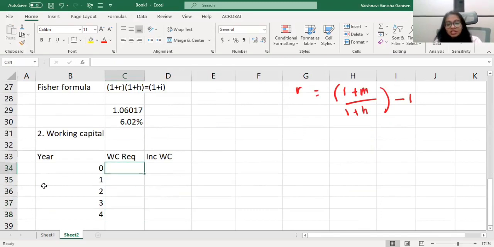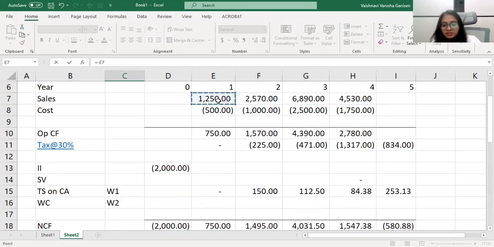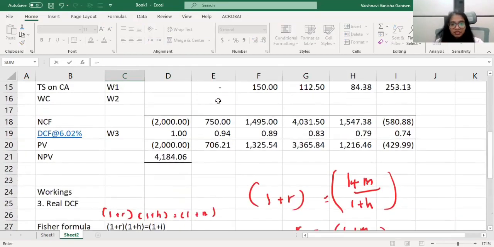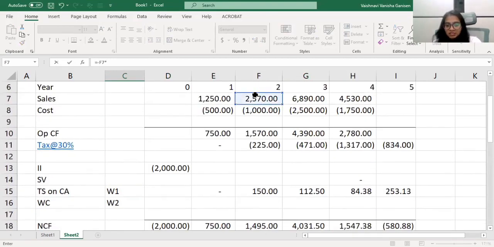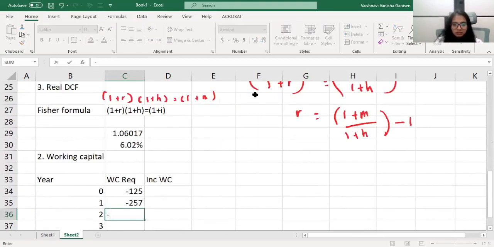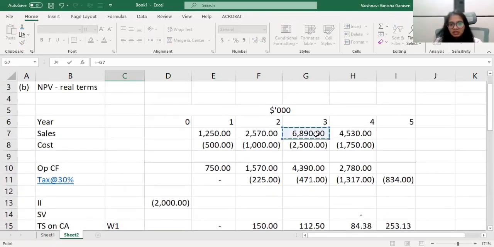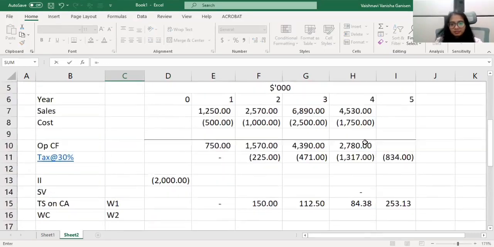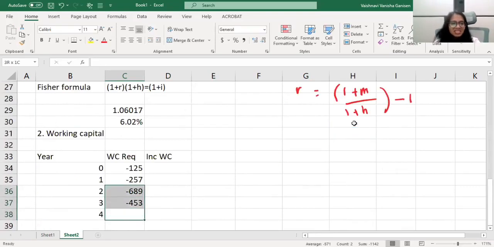Okay, your working capital requirement, please do the same method, equals to negative 1250 multiply 0.1, equals to negative year 2 sales multiply 0.1, equals to negative year 3 sales multiply 0.1, and equals to negative year 4 sales multiply 0.1. So this is actually very straightforward.